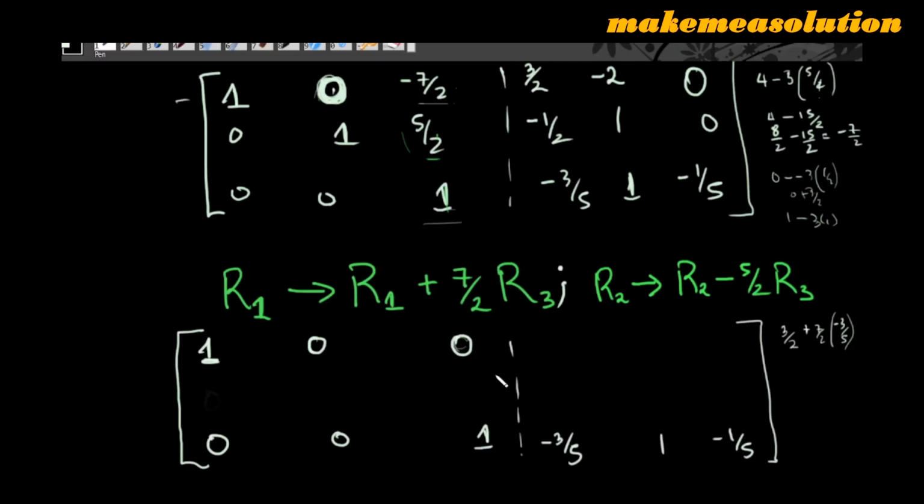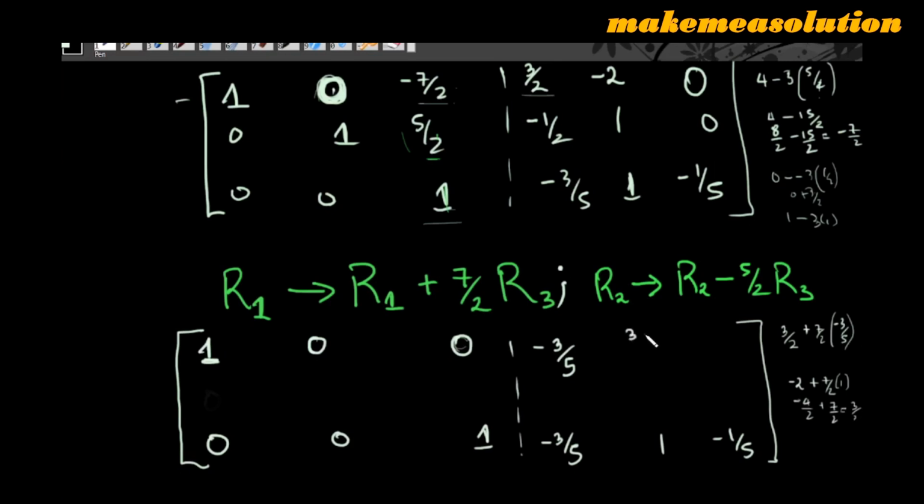So that is what will result in this particular point here. So when you do 3 over 2 plus 7 over 2 times this value, you get minus 3 over 5. Is that okay? So when you do minus 2 plus 7 over 2 times 1, you discover that you can change this to minus 4 over 2 plus 7 over 2. Minus 4 plus 7 is going to give you 3 over 2.